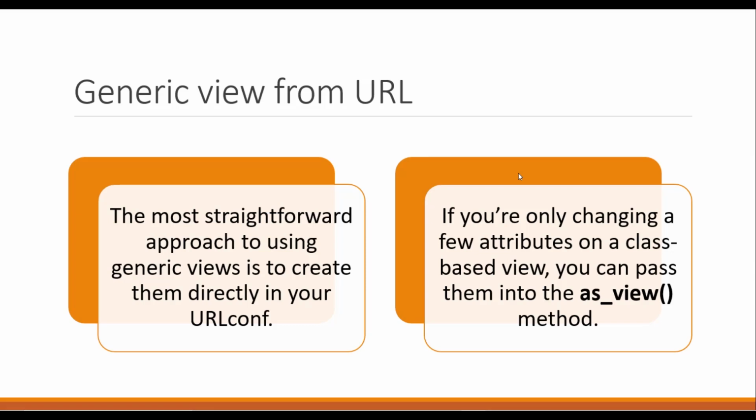Basically it is the most straightforward approach to using the generic view, creating them directly from the configuration file. We can use this way if we are only changing a few attributes on a class-based view. For this you simply pass them into the as_view method. I will show you with the help of an example.